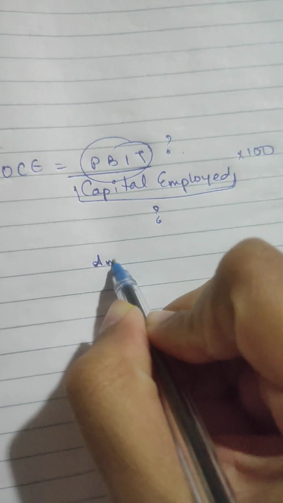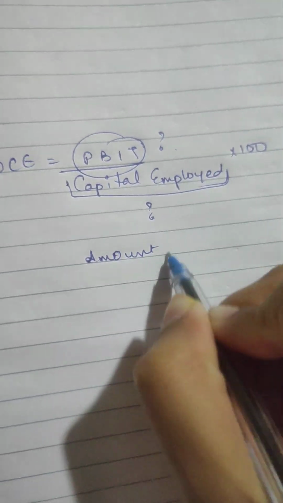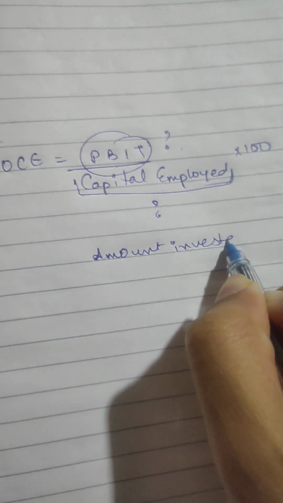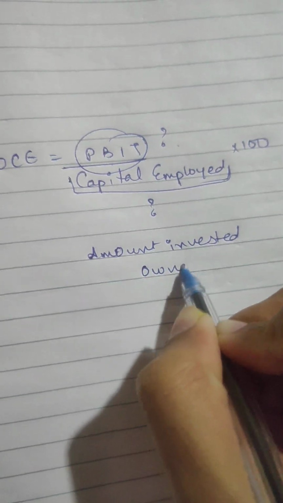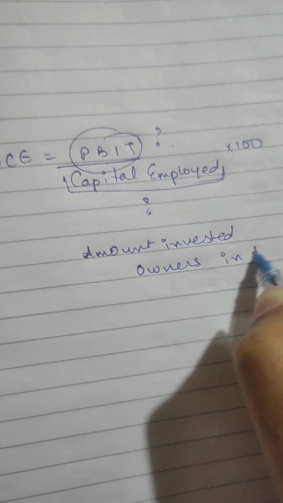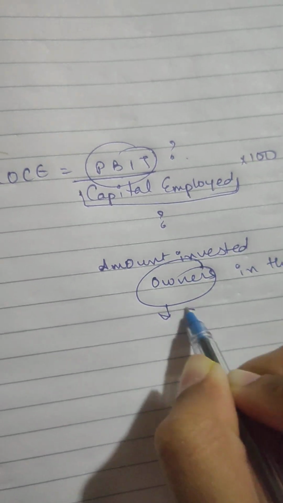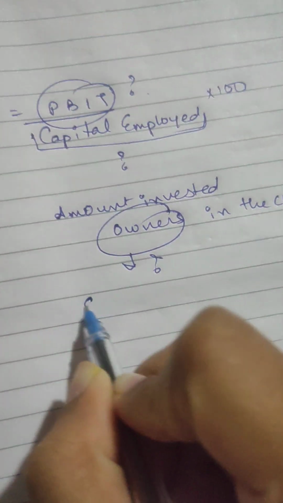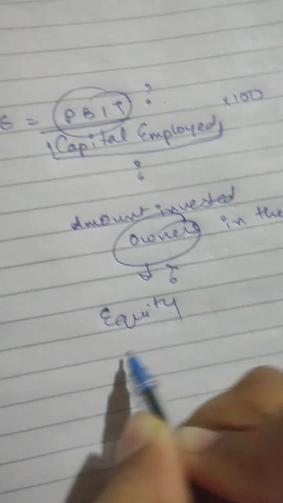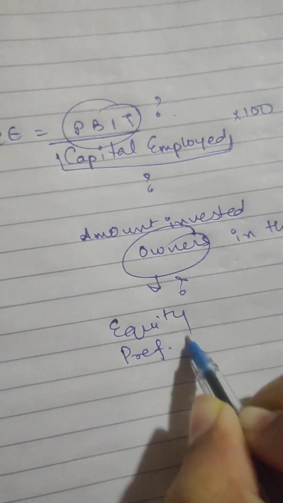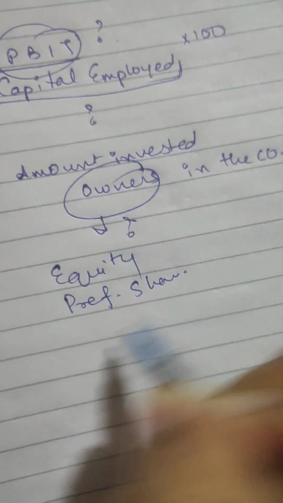What is capital employed? It is the amount invested by the owners in the company. Who are the owners of the company? Equity shareholders, preference shareholders. You already know this.